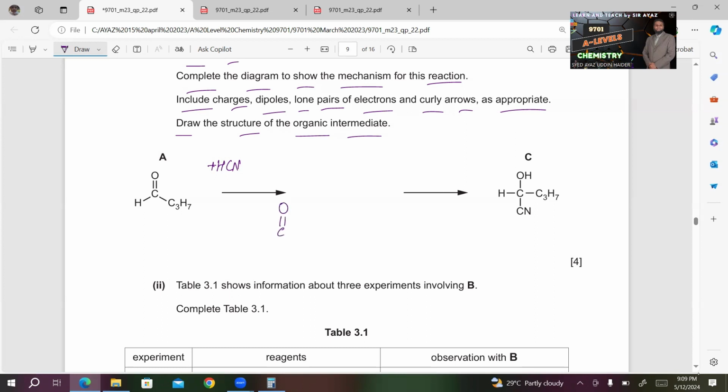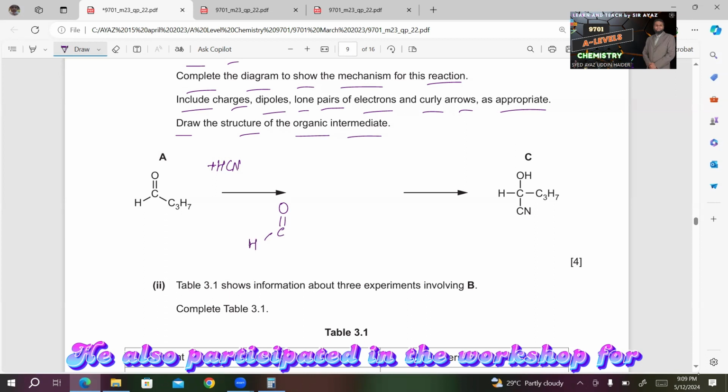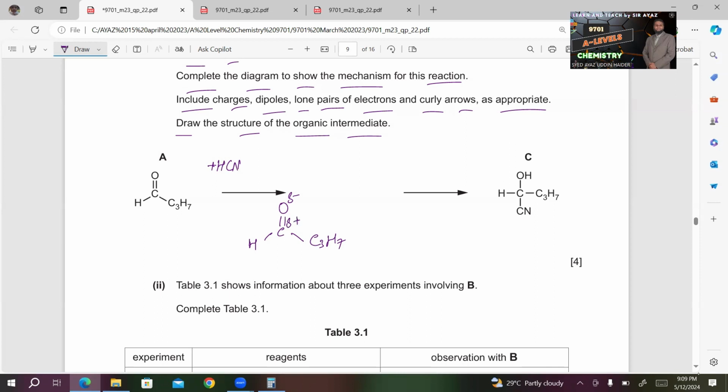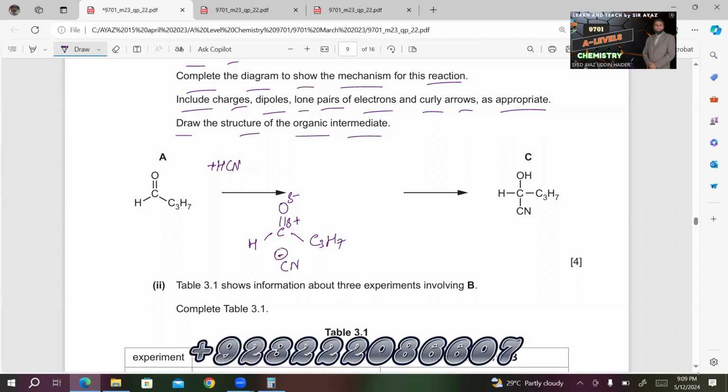O, C, H, C3H7. Oxygen being more electronegative will acquire partial negative charge and carbon acquire partial positive charge. Due to this, CN negative, cyanide, which is electron rich, it's a nucleophile.